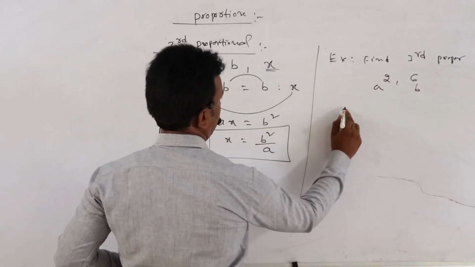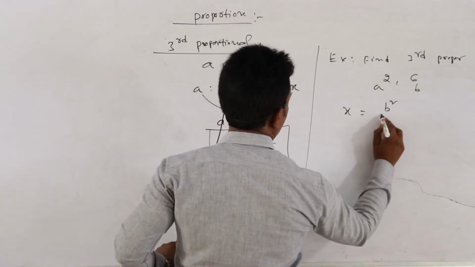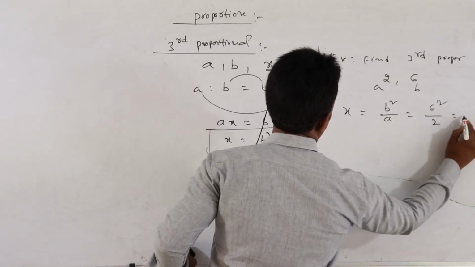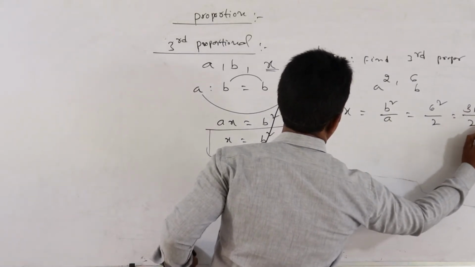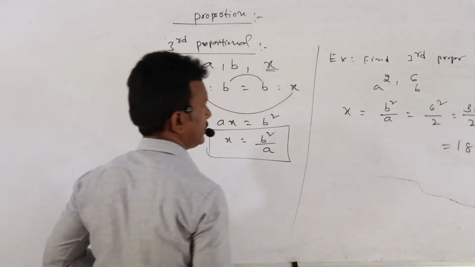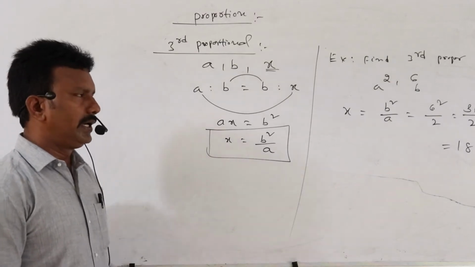In our shortcut form, the third proportional x is equal to b square by a, that is 6 square by 2, equal to 36 by 2. With cancellation, 18. So the answer is 18. Our third proportional is 18.